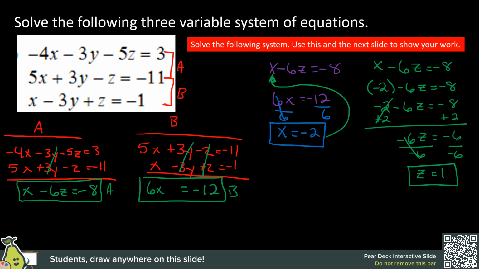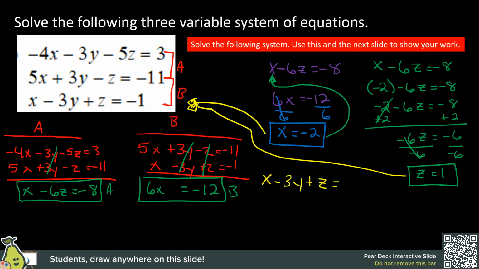To get y, I need to plug these values into one of the three original equations. It doesn't matter which one you pick, as long as you do the work correctly, because you'll get the same answer with all of them. I'm going to plug them into that third equation. I like that third equation, just the numbers are a little smaller. So we have x minus 3y plus z equals negative 1. Well, x is negative 2, minus 3y, plus z, which is 1, equals negative 1.